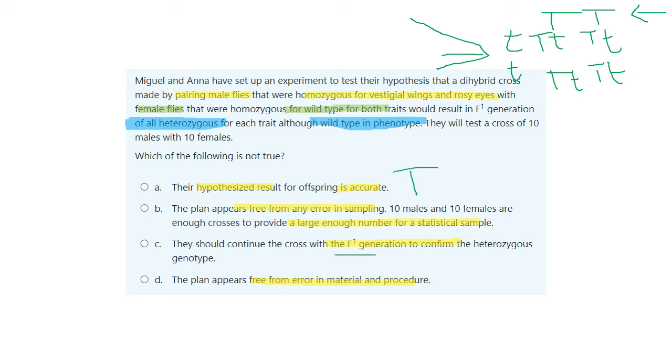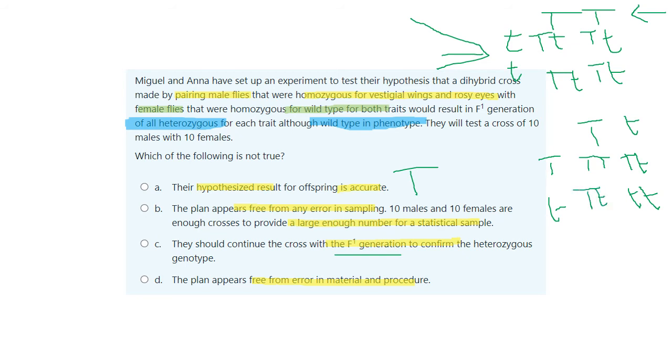Should they continue with the next generation? Well, we also know that sometimes what we think are homozygotic dominant might actually be heterozygotic. Sometimes we can make mistakes. We also know that if we match together two parents that are heterozygotic, we will get one that is homozygotic dominant, one that is homozygotic recessive, and two heterozygotic.